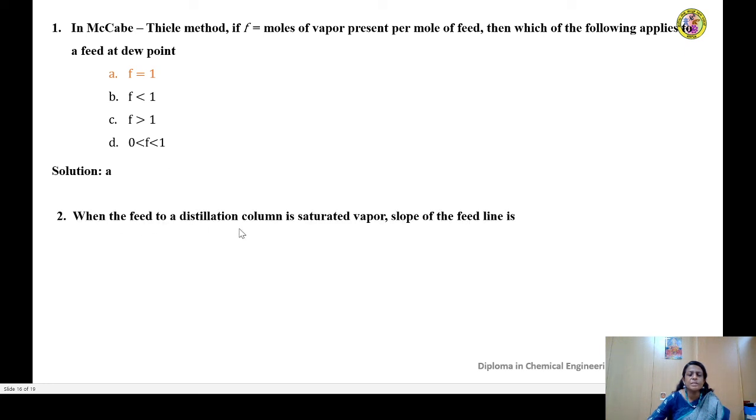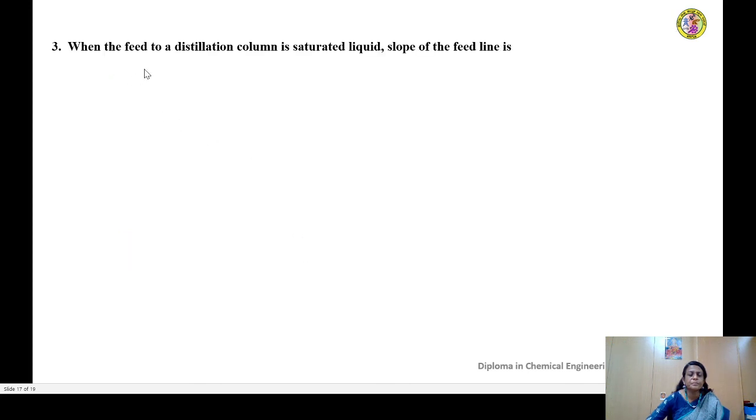When the feed to a distillation column is saturated vapor, the slope of the feed line is 0, unity, infinity, or none of these? Whenever the feed is a vapor in the saturated condition, the slope of the feed line will be 0. So that is the right answer for this question.